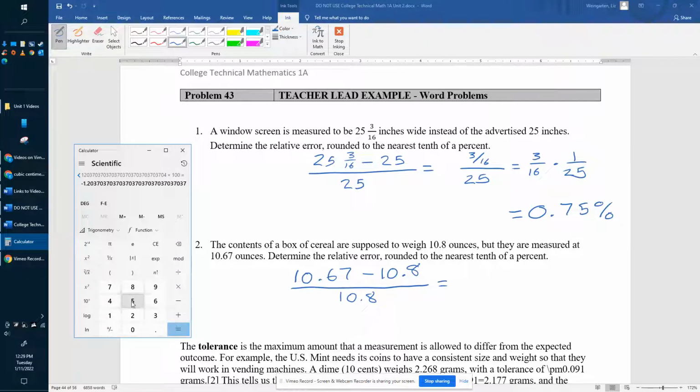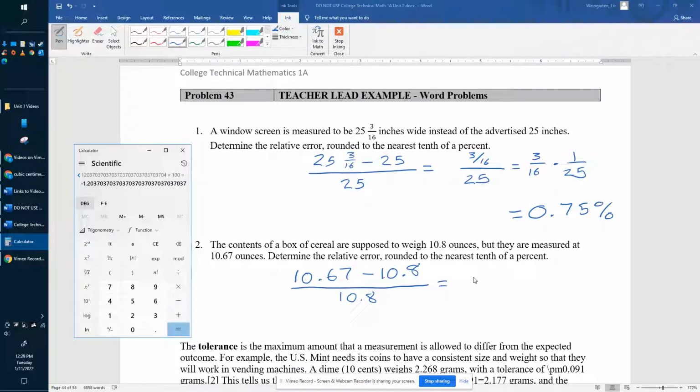And this is what I was talking about, where you should not be freaked out if you get a negative percent. This just means that it is 1.2% less than what it should have been. If it was positive, it would have weighed more, but this box of cereal weighed less, so we expect a negative number. That's perfectly okay.